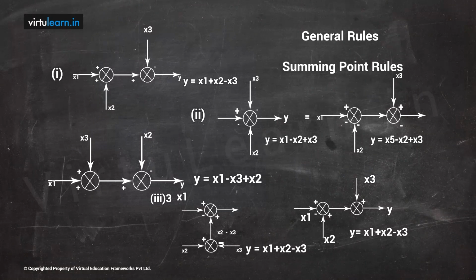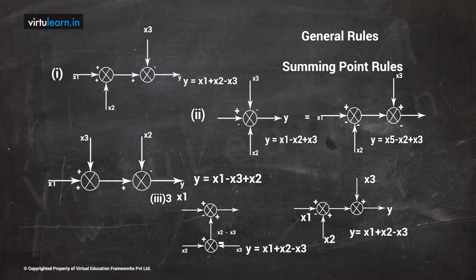It's very clear from this, your y is equal to x1 minus x3 plus x2. So whatever the previous, you are getting the same output. Therefore I can say two summing points, whenever they are adjacently connected, we can interchange them without any loss.